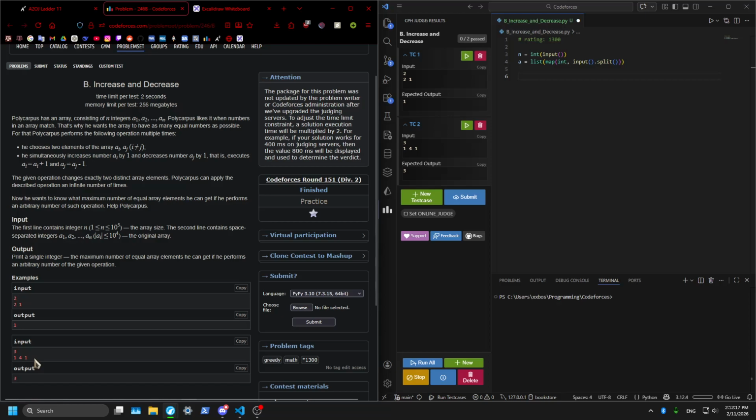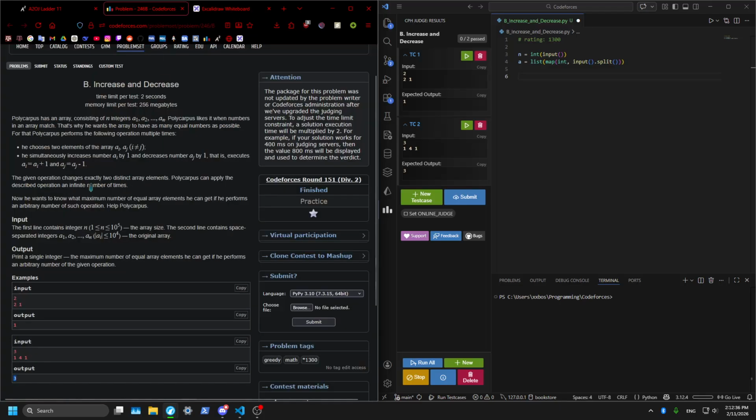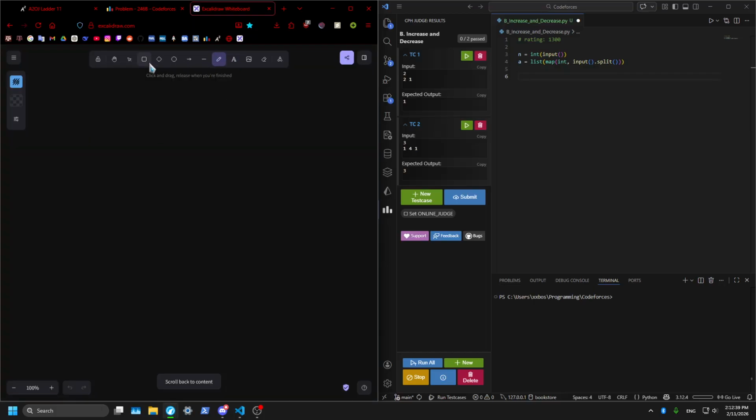It seems okay. To me, the answer seems like an average. Because the average of 1, 4, 1 is 3, and when you average, if we model them as blocks, you kind of just move the top blocks down to the bottom blocks.